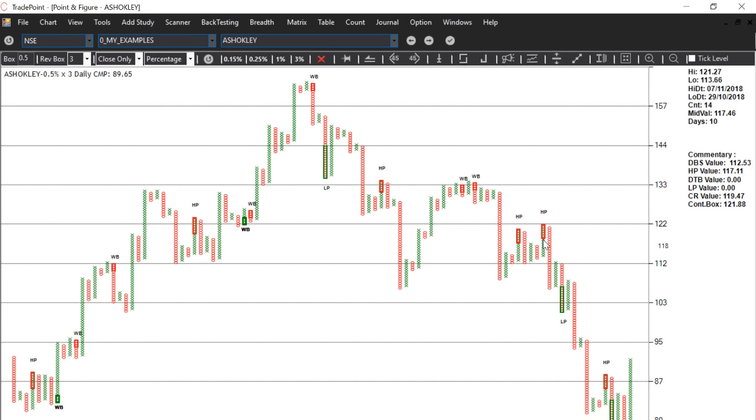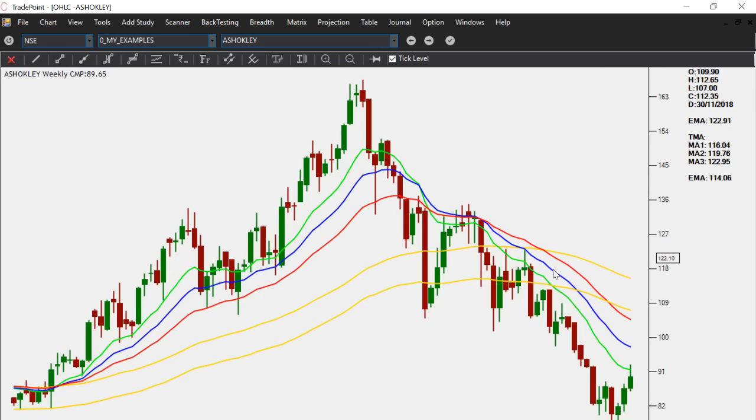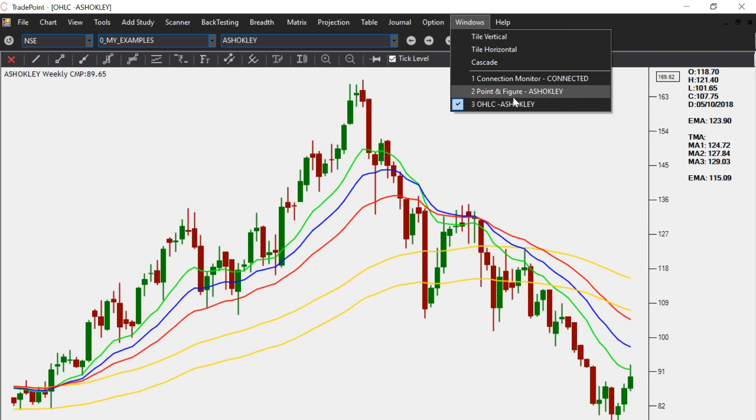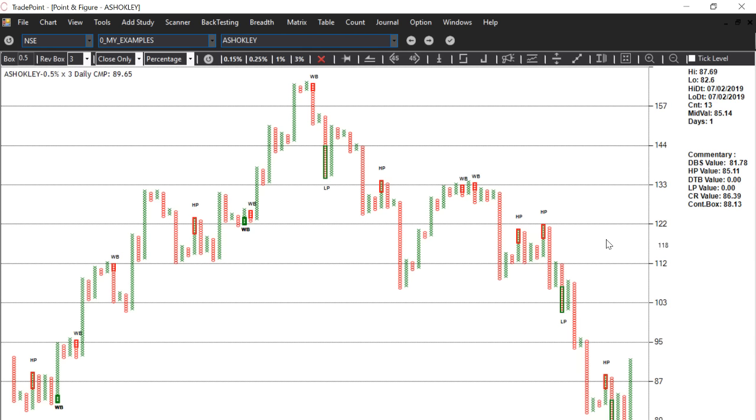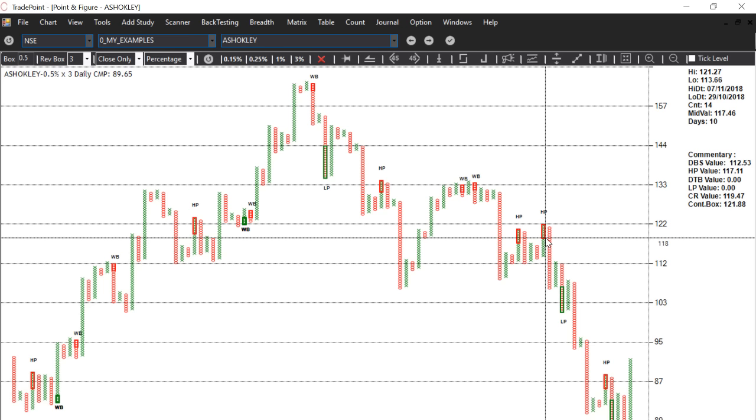So once the price gives a breakout below the channel, we can go on the point and figure charts and we can look for bearish patterns. Like here, a high pole is a bearish pattern, and this bearish pattern is happening when the price is giving a breakout below the channel.